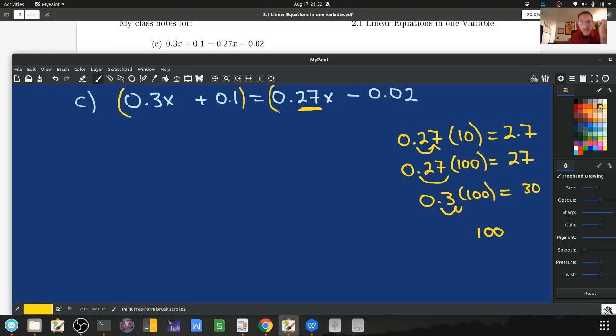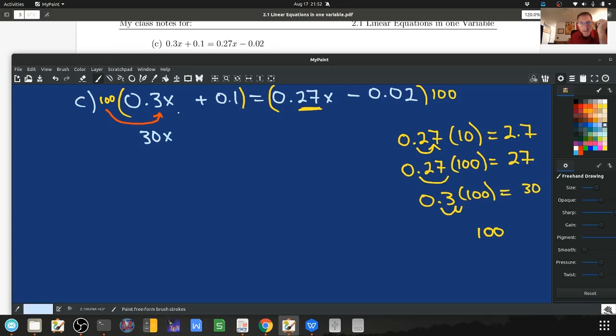So again, I enclose everything in parentheses. And I'm just going to multiply each side. So I'm going to use the distributive property again. 100 times 0.3x gives me 30x.